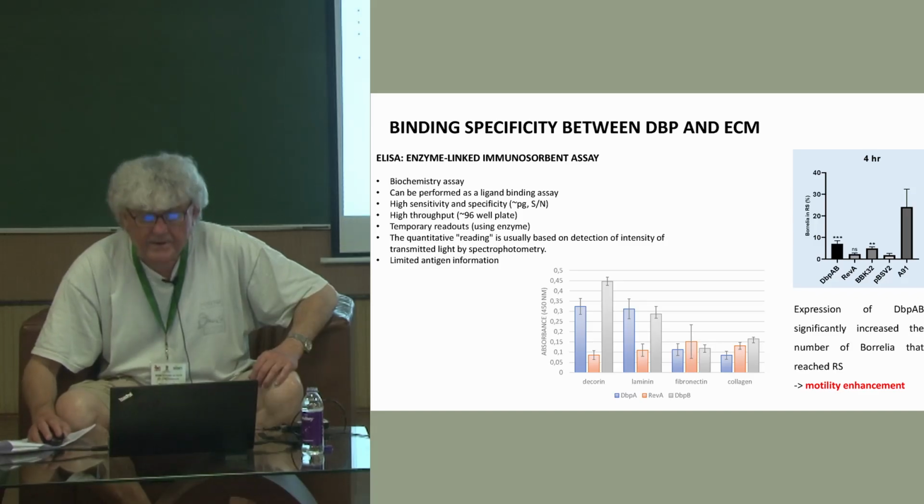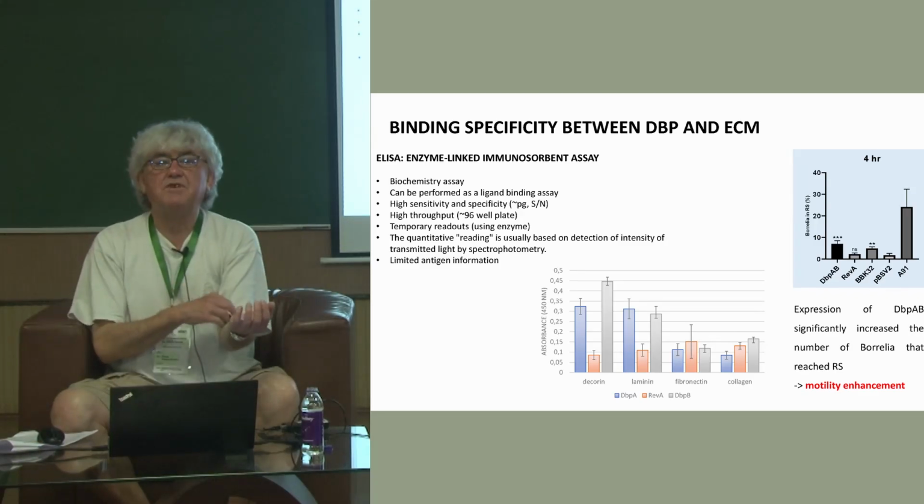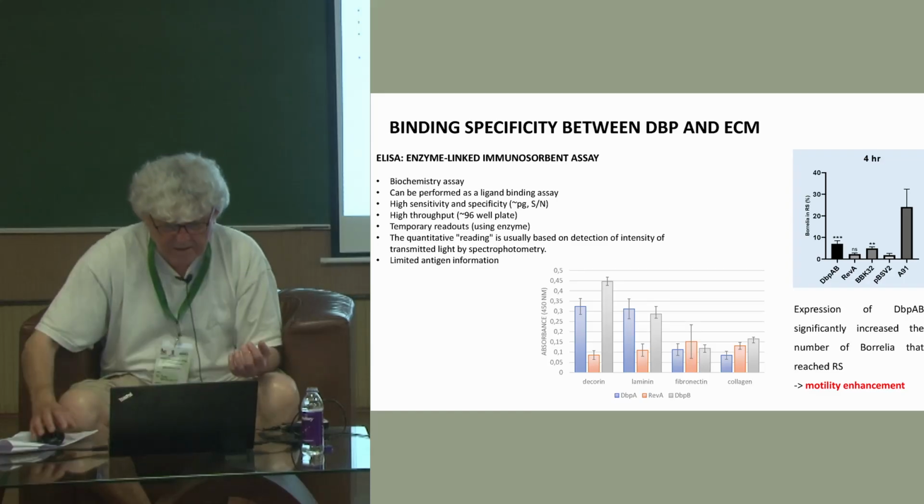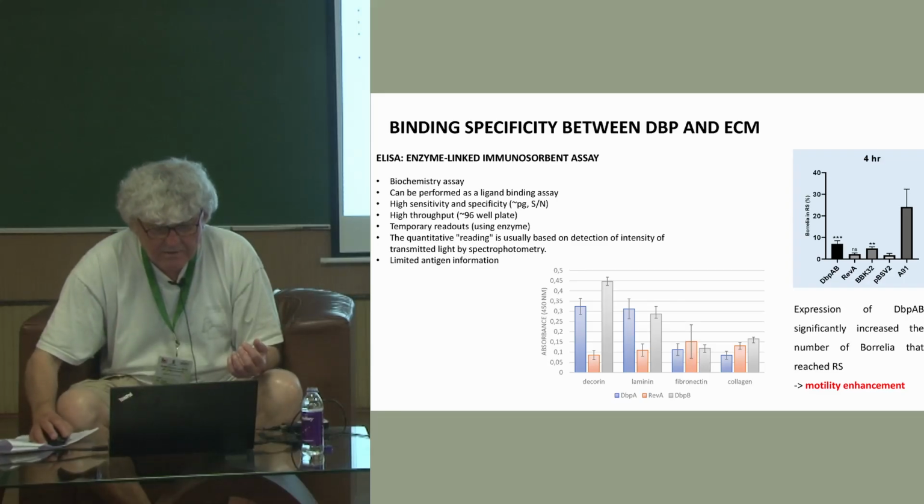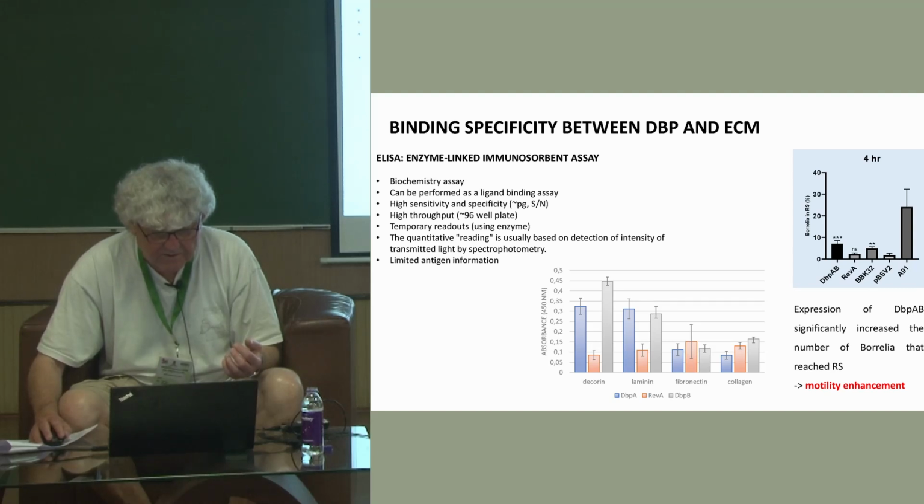So these are different adhesion proteins in our extracellular matrix. And then they screened which of the bacterial proteins bind to which proteins. And you can see, for instance, DBPA binds very nicely to decorin, or also DBPB.